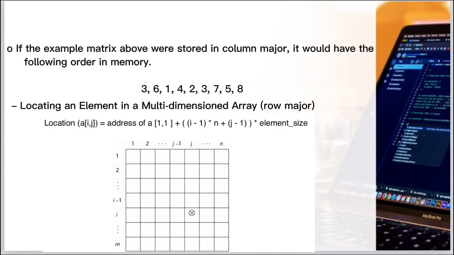In this figure, we assume that subscript lower bounds are all 0. This figure also shows the location of the i, j element in a matrix.